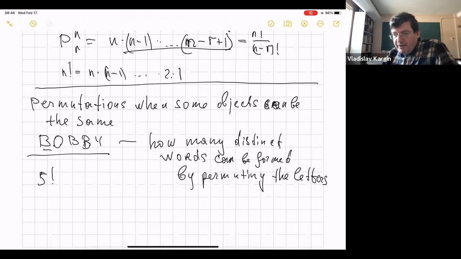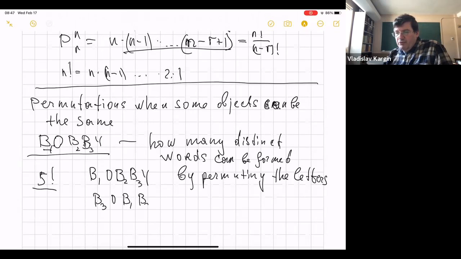So we have something like B1 here, B2 here, B3 here. Then the total number of permutations, if all the letters are distinct, would be 5 factorial. But since the B's are not actually distinct, the word B1, B2, B3, Y is the same as B3, O, B1, B2, Y.